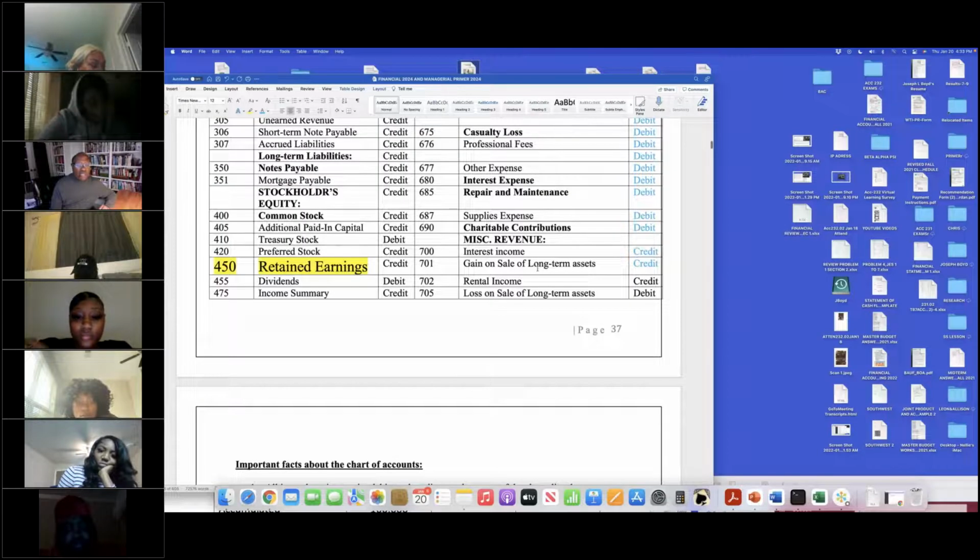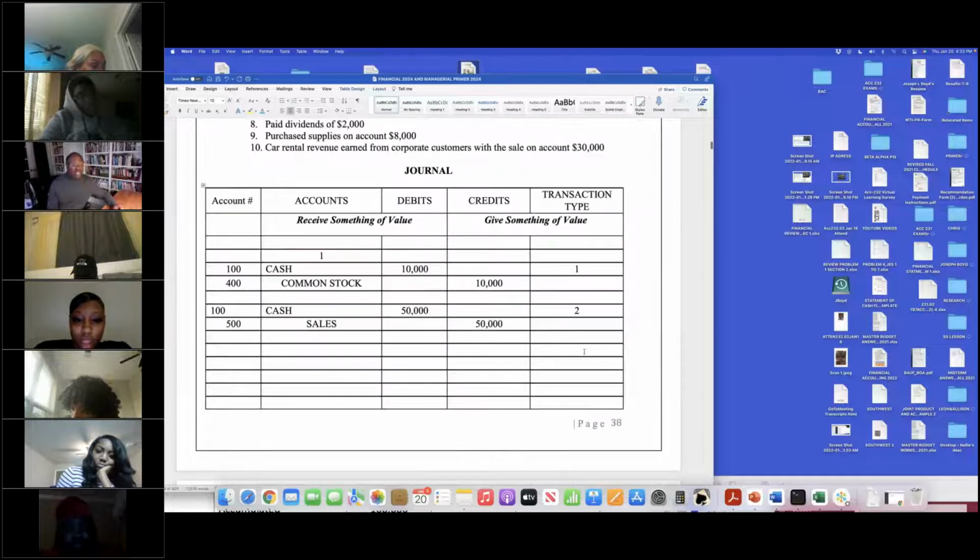So this is a type 3. Once again, we're getting cash, so we're debiting cash and we're crediting accounts receivable.